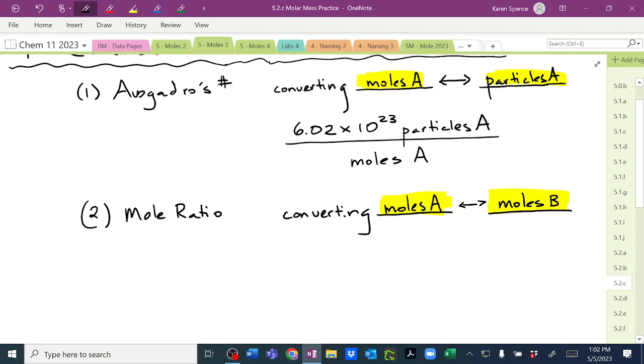And where do we get this ratio from? Yes, it comes from the chemical formula.